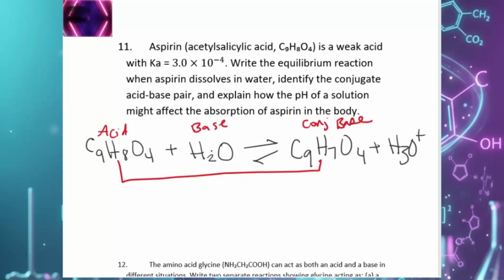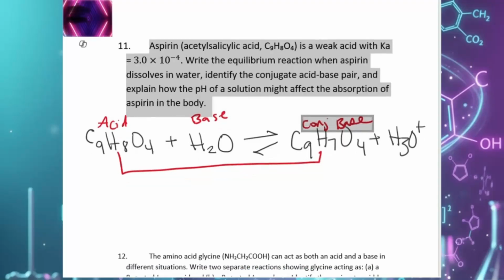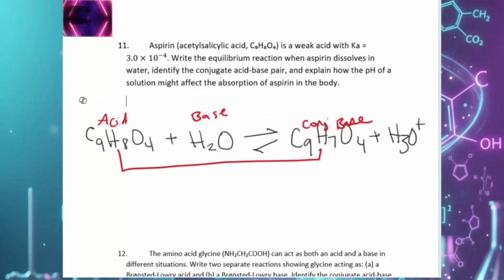And the one that looks like it on the opposite side, then this, of course, is your conjugate acid, right here. That's it. You need to remove the hydrogen on the other side to get to H7 instead of H8.